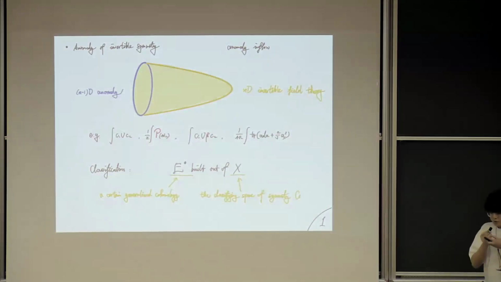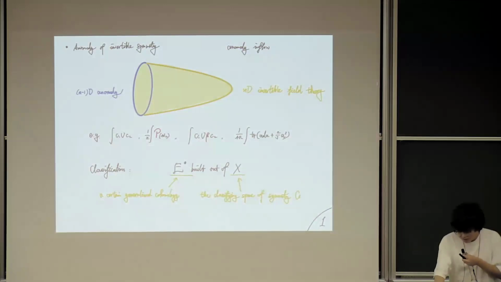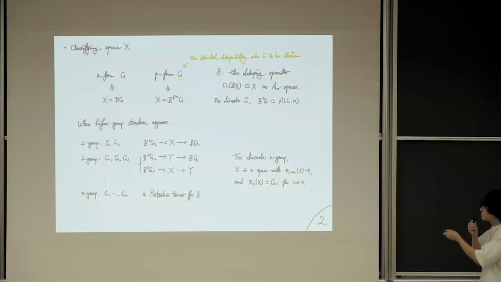Okay, so I will continue to be elementary. So I will tell you what a classifying space is. The classifying space, according to its name, classifies the gauge fields of a symmetry, of course, invertible symmetry.